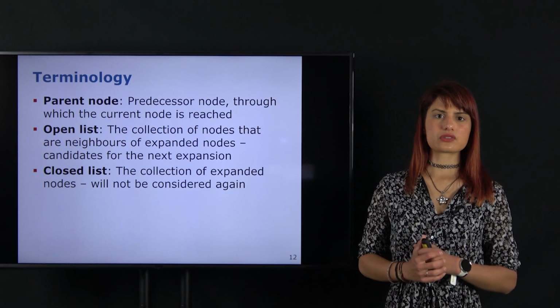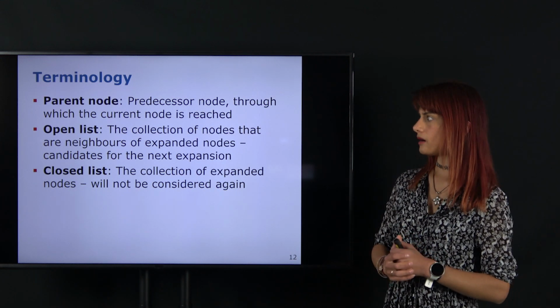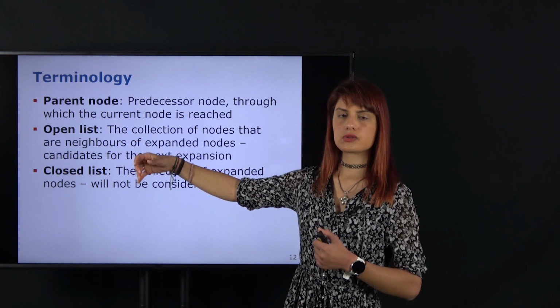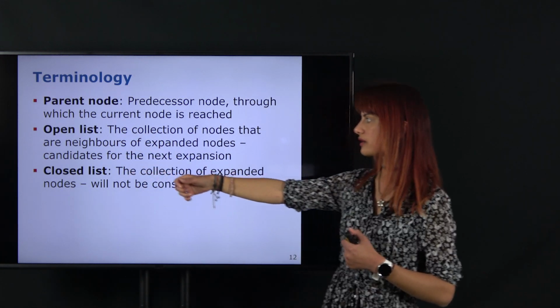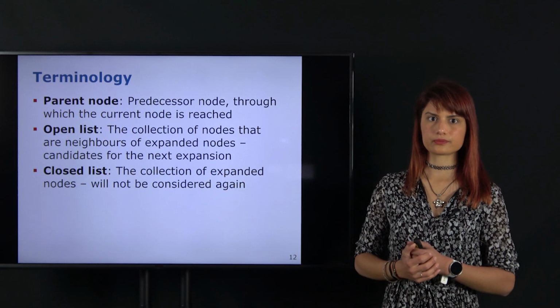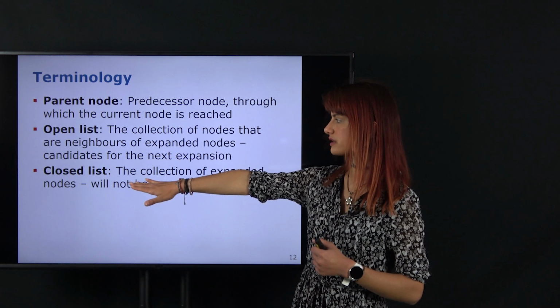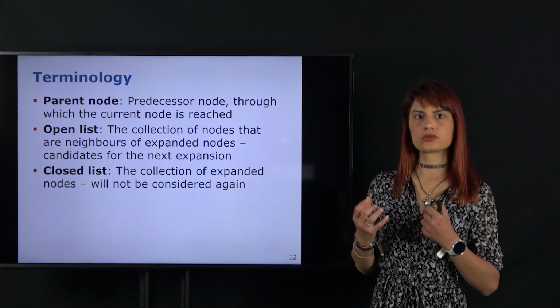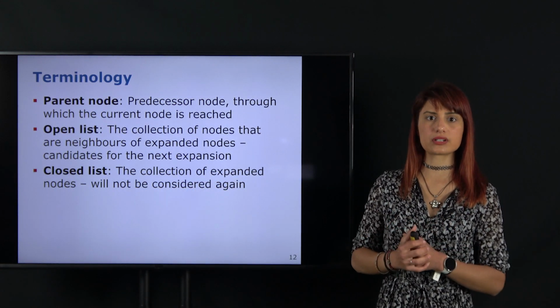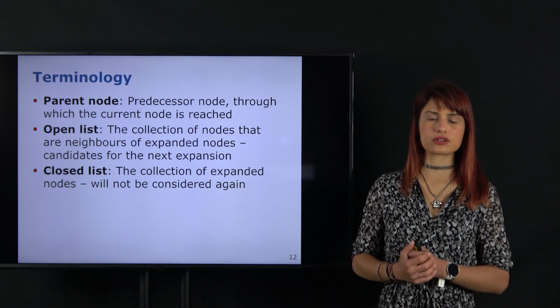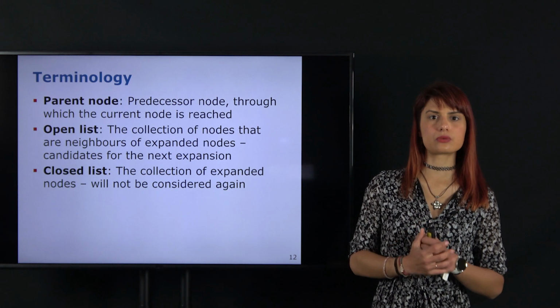So what we do in search-based algorithms is we look at the open list and we pick, using a rule, one of the nodes to expand. And then we also have the closed list, which is all the inner nodes of the tree, the nodes that were already expanded, and therefore it's not interesting for us to consider them again because that's what we already searched.